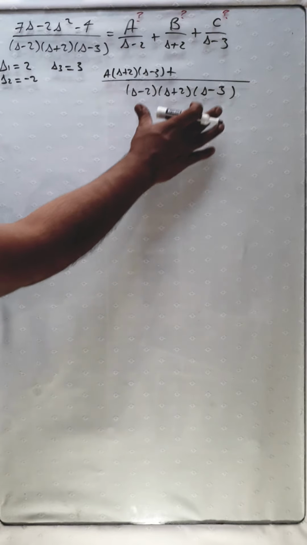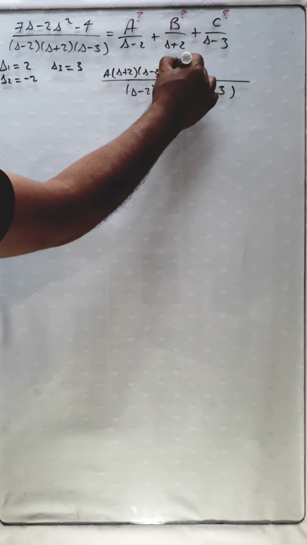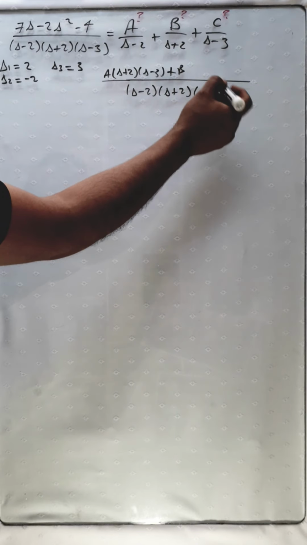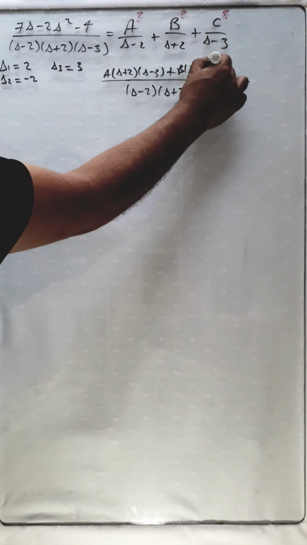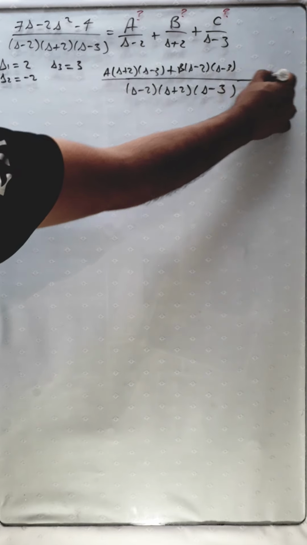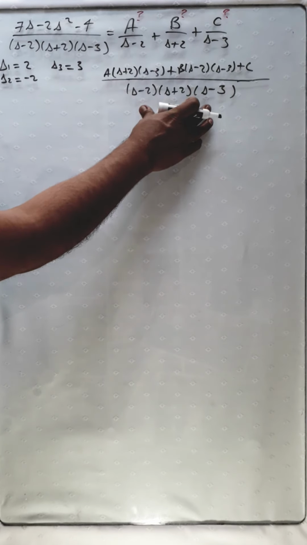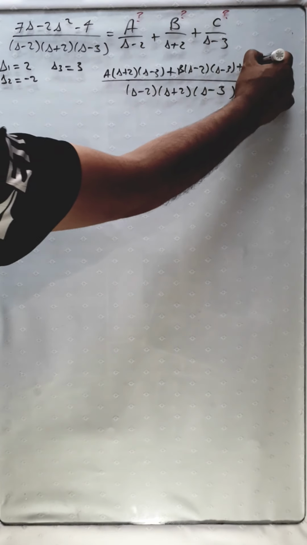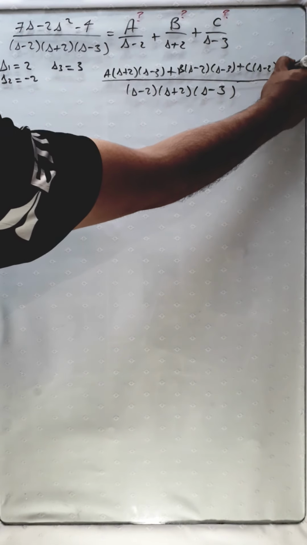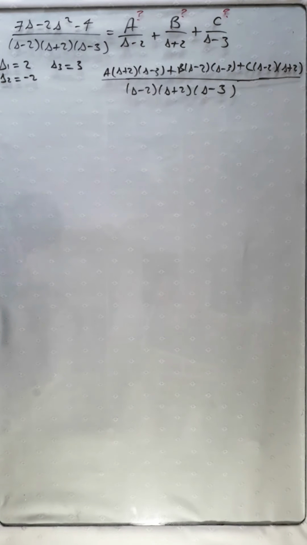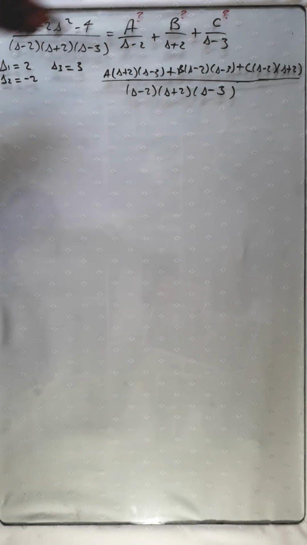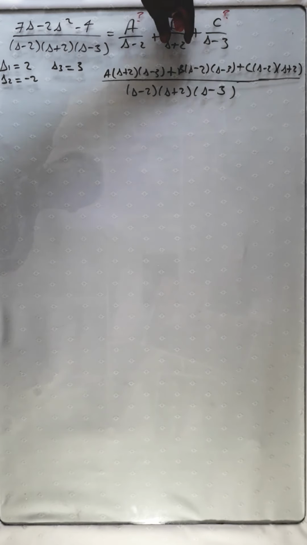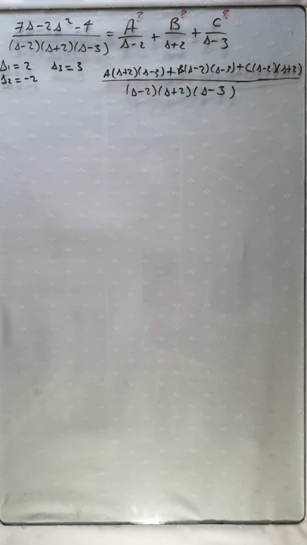Plus, now this divided by this times the B, what cancels here is s plus 2, so you will have B times s minus 2, s minus 3, plus C. Now this divided by this, the s minus 3 cancels, so it's going to be C times s minus 2 and s plus 2. You usually do this: A times the other two, B times the other two, and C times the other two. Okay, that is the fraction.